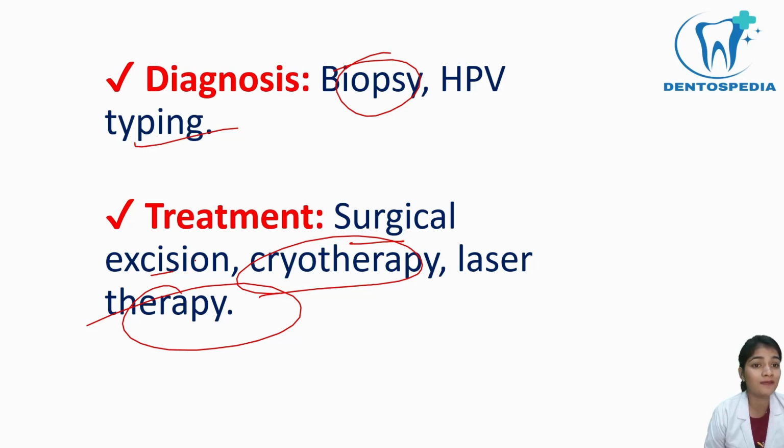Now, the site will be mouth, hands, and feet. It will spread in mouth, hands, and feet. And in HPV, it will spread in oral mucosa. Understood? Fever will be present in Coxsackie virus and will be absent in HPV. Understood? Now, treatment is supportive in Coxsackie, whereas surgical removal is required in human papilloma virus.